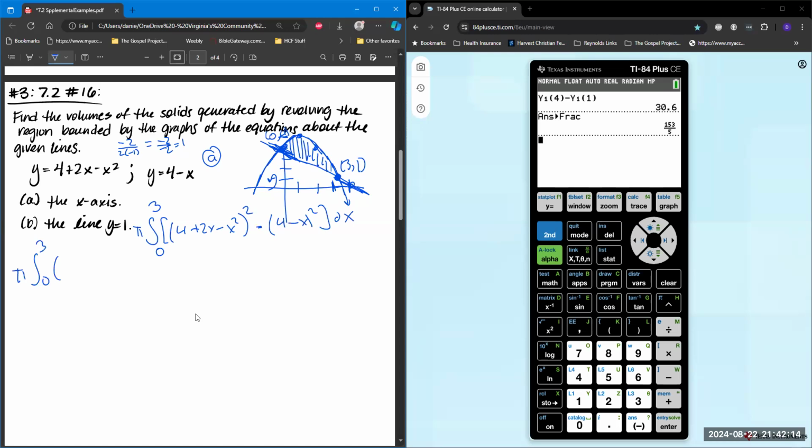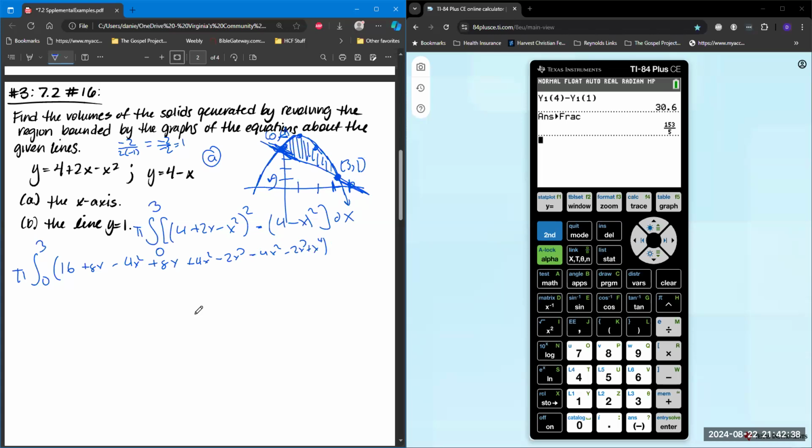This is 16 plus 8x minus 4x squared plus another 8x plus 4x squared minus 2x cubed minus 4x squared minus 2x cubed plus x to the fourth.